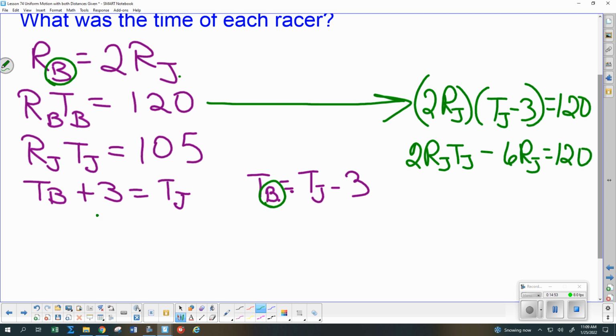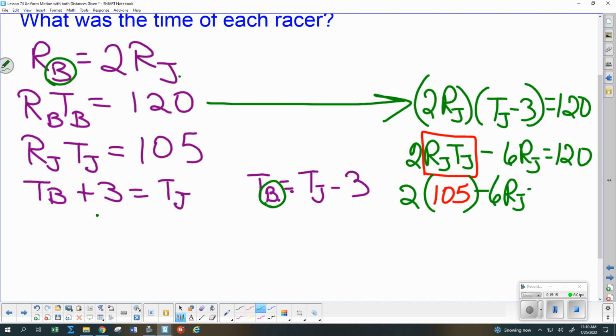So Alexander, now what can I do? Okay, so RJTJ, and I have to be careful because the distances are different. RJTJ, that distance is 105, and that is multiplied by 2, minus 6RJ is 120. So that is 210 when I multiply.